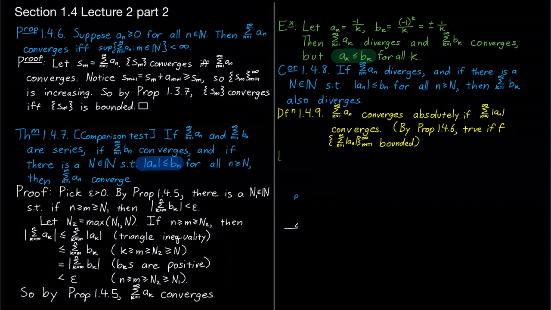And let's write down our counterexample. AN is the alternating harmonic series. This converges, but does not converge absolutely.